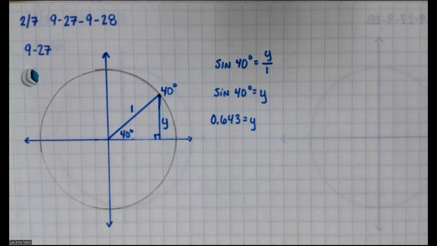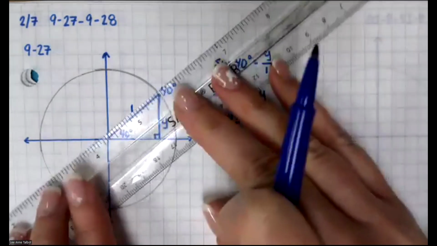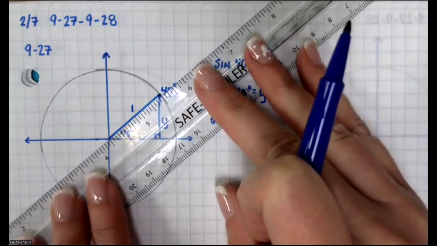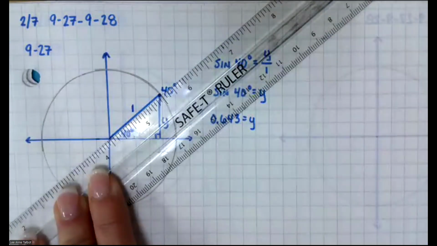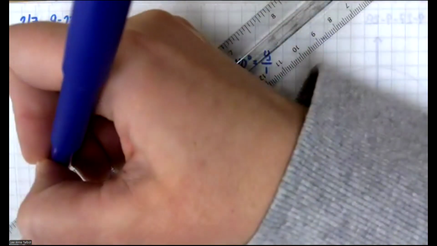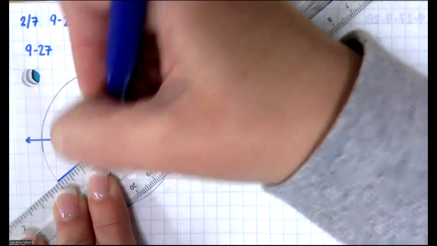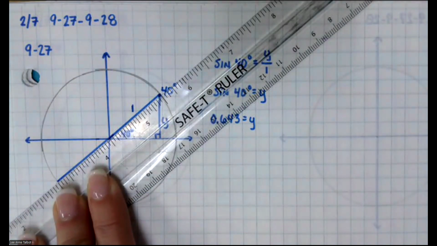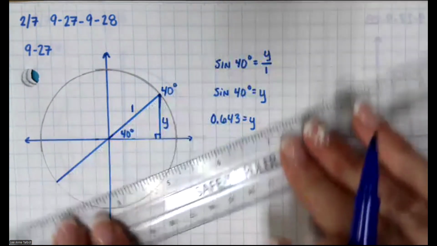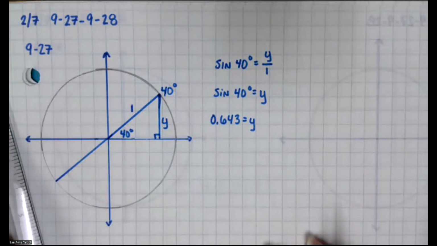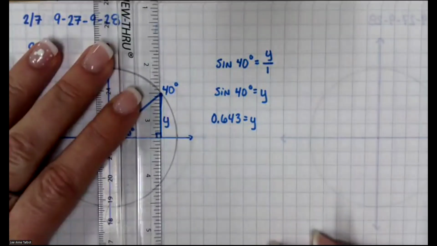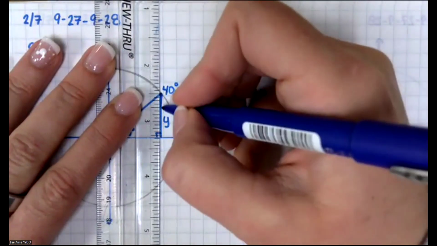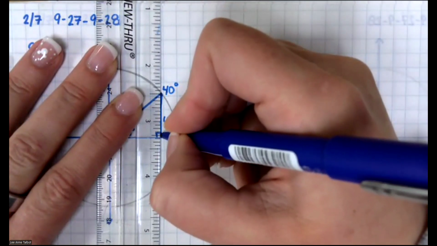Okay, so there's some vocab and things that I need to teach you here that are really important. But first, what we're going to do is create what I like to call the bow tie. This is your first time doing the bow tie. I want you to make vertical angles with this 40. So take your ruler and extend the line to the other side. Then take your ruler and extend the height of the triangle down.